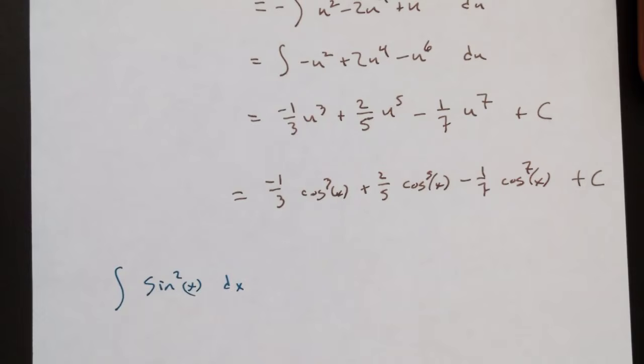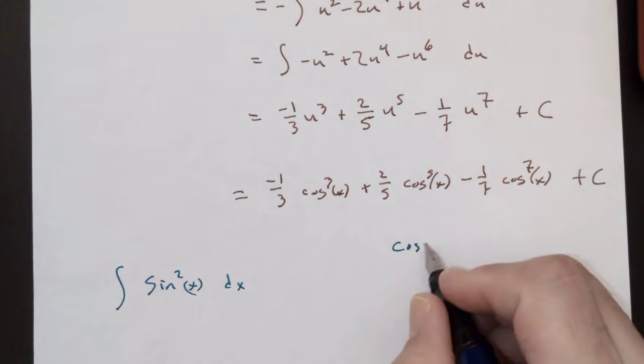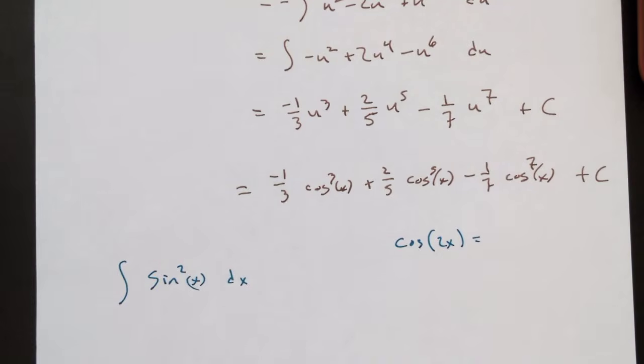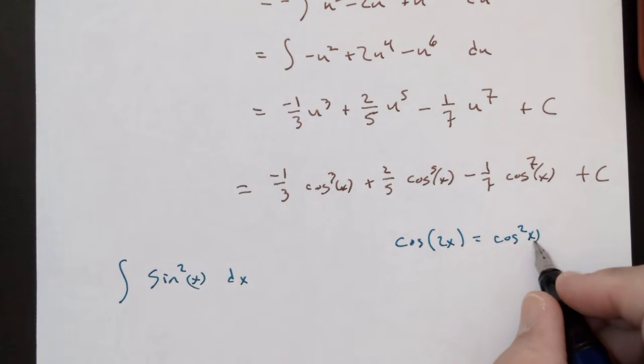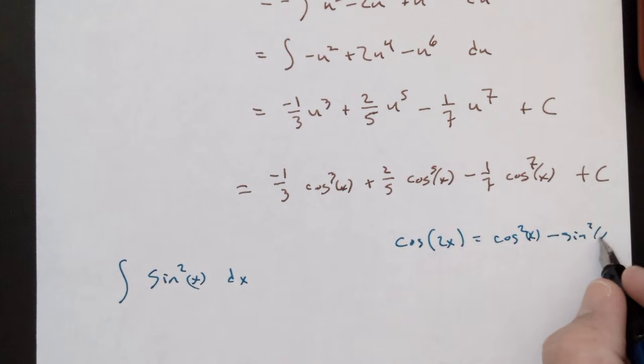Now, I'm the first person to tell you I'm bad at memorizing. I memorize as little as I can get away with and figure out how to take what I have memorized and turn it into other stuff. There's a formula on that formula sheet that says square reducing formula. But what I remember is the double angle formula for cosine of 2x, which is cosine squared x minus sine squared x.